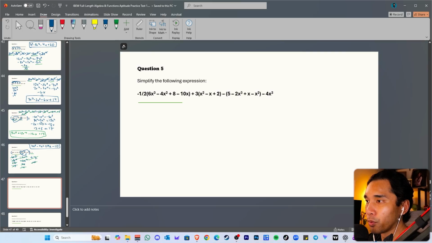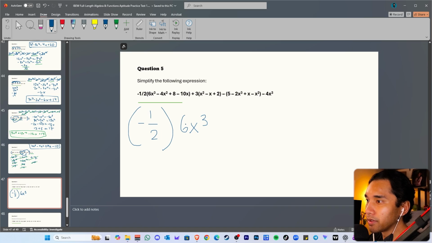Minus 1/2. And when you multiply by the 1/2, this is basic multiplication. So you have minus 1/2, I'll put that in parentheses for us just to see, and then you multiply that by 6x cubed. Do you know what to do here?